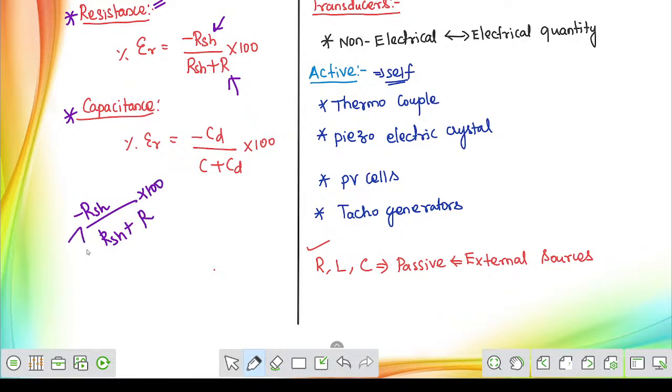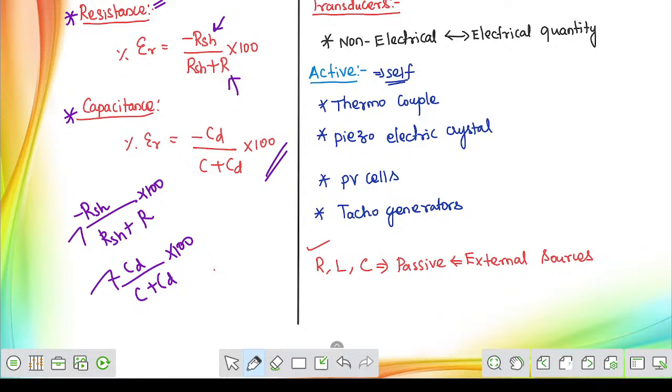That is the formula to obtain the error in percentage. Similarly, you can find it in terms of capacitance: minus distributed capacitance divided by C plus CD, the distributed capacitance, into 100. So this is the formula to obtain the error in terms of capacitance or resistance. That is also one of the directly asked numerical questions from the Q meter. So you will have to remember this.